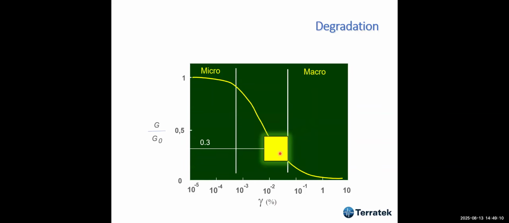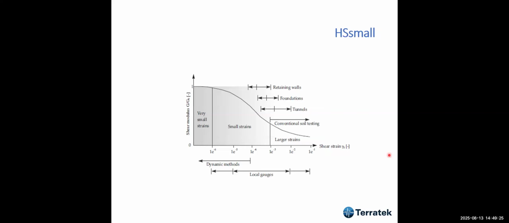But in most cases, most triaxial tests are in this area. This depends on the type of test that we carry out, and this is kind of how to relate very small strain and larger strains to retaining walls, foundations, tunnels, and most conventional soil testing.